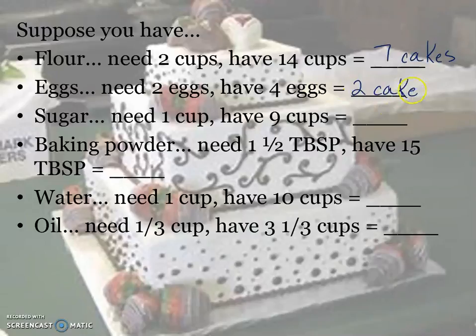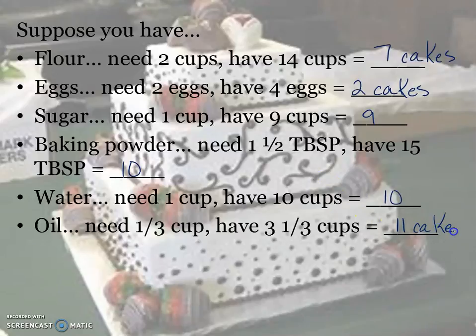With the sugar, if you need 1 cup, you have 9, you can make 9 cakes. With the baking powder, you need 1.5 tablespoons. If you have 15 tablespoons, you can make a total of 10 cakes. Water, you can make 10 cakes. And for the oil, you can make a total of 11 cakes.